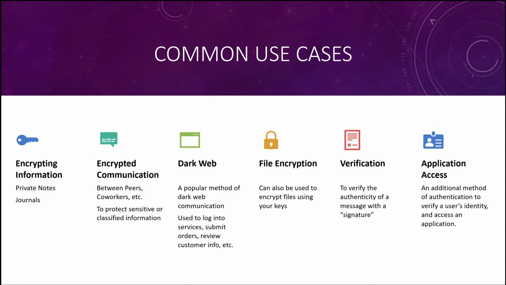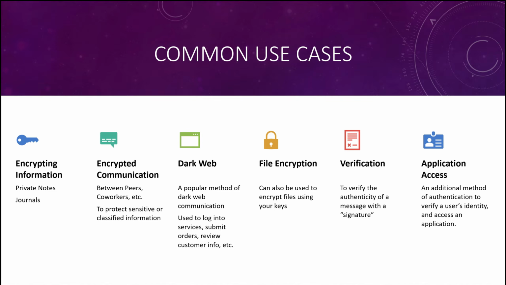And on OpenPGP's website, they claim it is, I believe, like the number one email encryption system to this day. Common use cases for PGP or OpenPGP: to encrypt information like private notes or journals, for encrypted communication in general, like if you want to send a private email to a peer or a coworker, to protect sensitive or classified information.